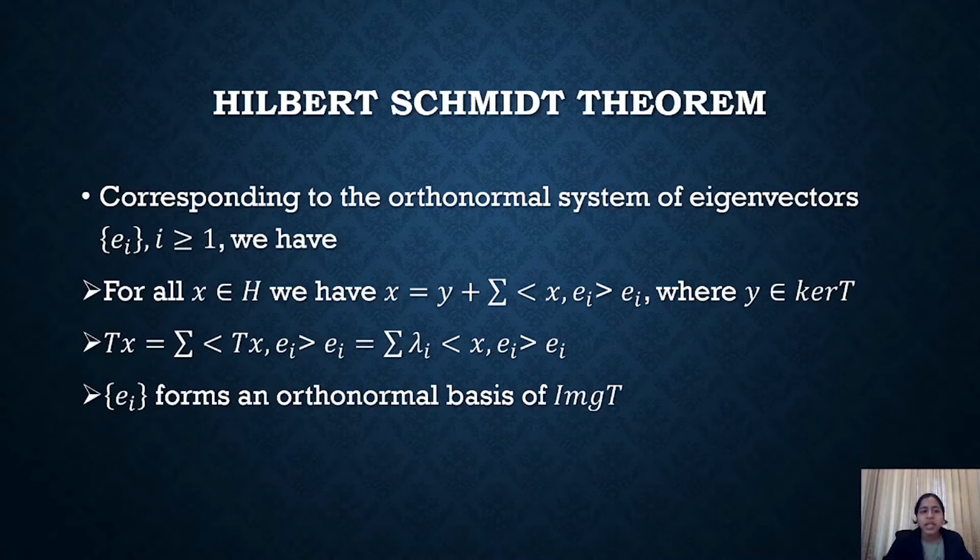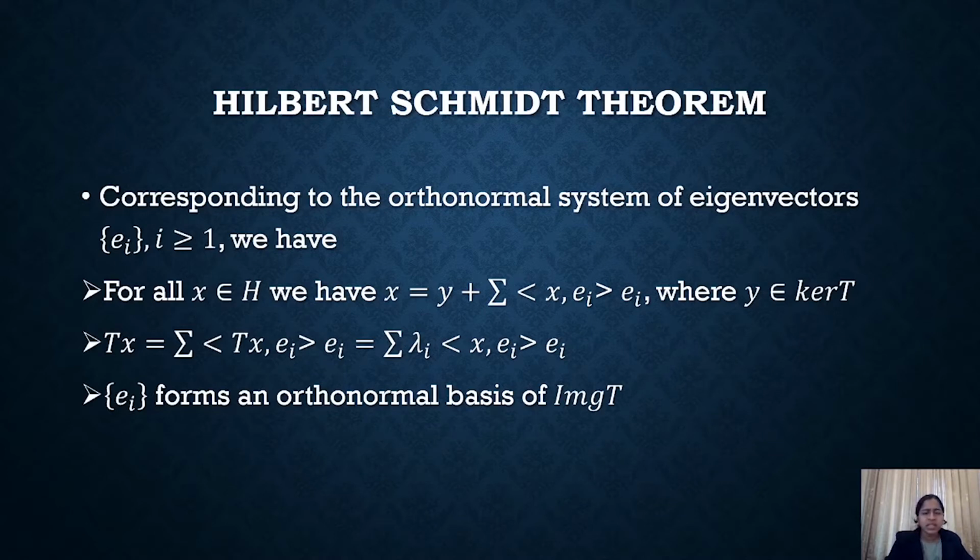First, for every x in the Hilbert space H, we have x = y + Σ ⟨x, eᵢ⟩eᵢ, where i ≥ 1 and y is an element of the kernel of T. That is, any element in the Hilbert space can be expressed as the sum of an element in the kernel of T and the sum of ⟨x, eᵢ⟩ times eᵢ, where eᵢ forms the orthonormal system of eigenvectors.